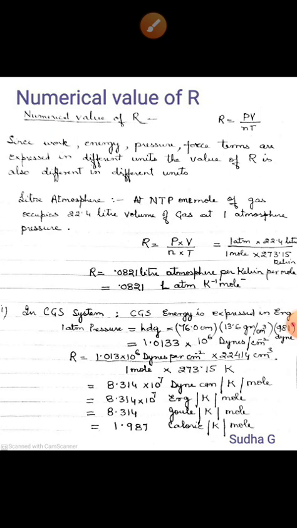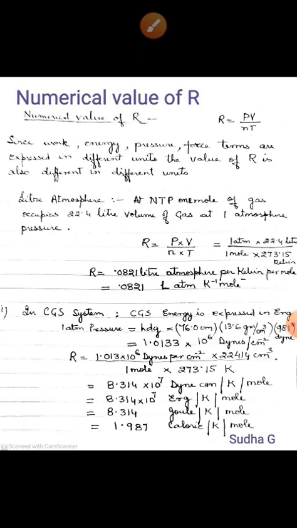Now secondly, the numerical value of R. Since work, energy, pressure, and force are expressed in different units, the values of R will be different in each of these terms.